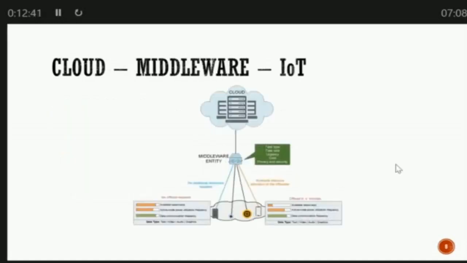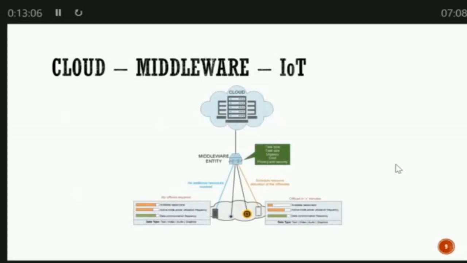So when we talk about cloud and IoT integration, this integration is not possible without a middleware entity. Why? Because cloud is accessible over the internet and cloud is unaware of the underlying IoT devices. On the other hand, IoT devices are heterogeneous. It's a huge number of entities that can be part of IoT.